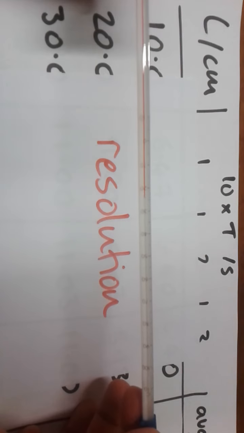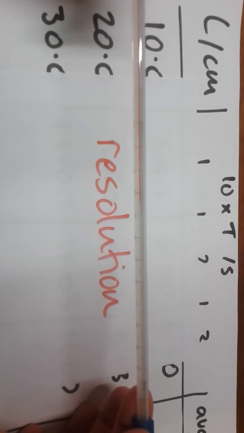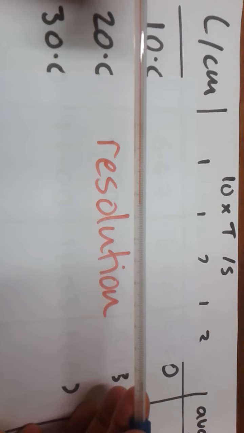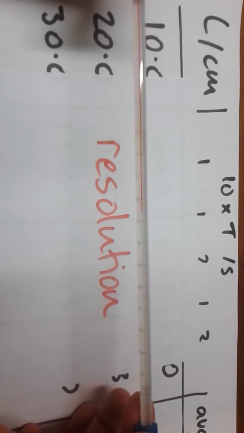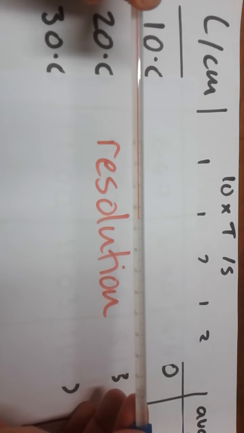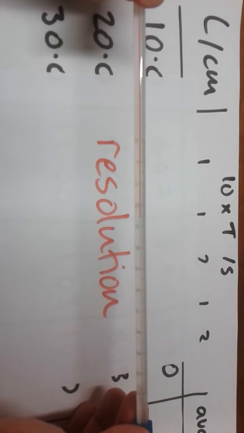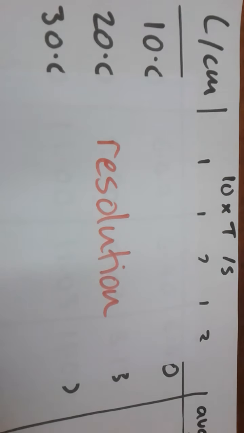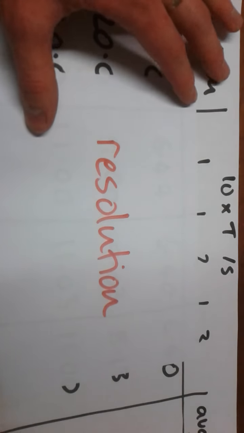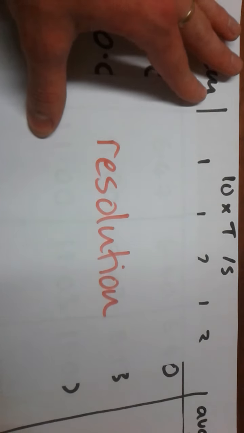So the resolution of this thermometer is 1 degree. That's the smallest difference in temperature that I can realistically hope to detect with this instrument. I could never measure differences of 100th of a degree Celsius with this. It just wouldn't happen. So that's the resolution of the instrument. It's the smallest difference in that quantity that the instrument can detect.